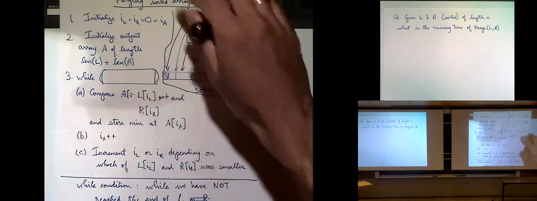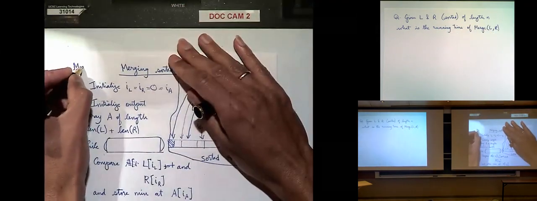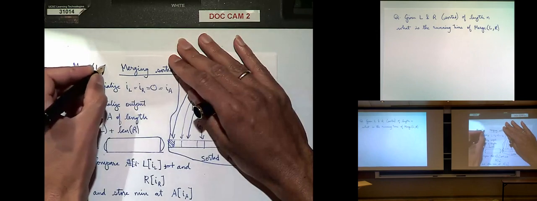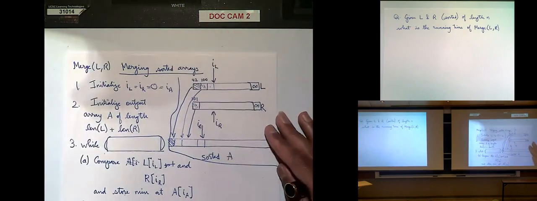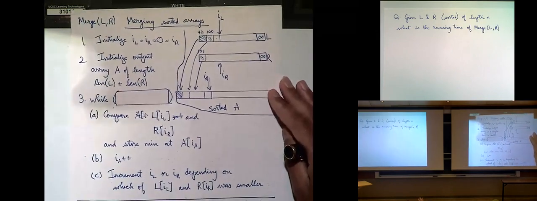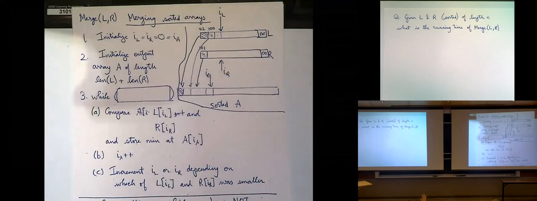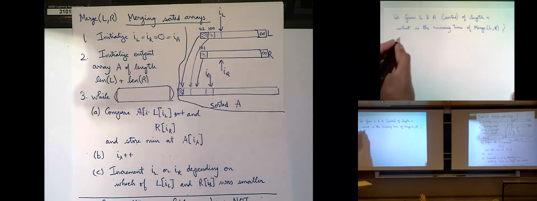I'm calling this function merge L and R. This method that I've written here is merge L and R. Question is, what is the running time of merge L and R?